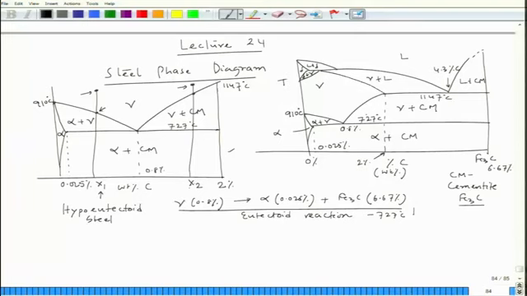And the composition on the right side of the eutectoid composition, which is 0.8%, we call hypereutectoid steel.